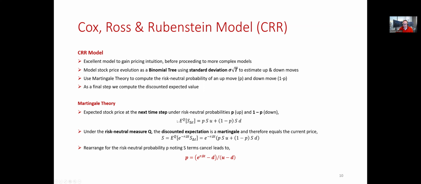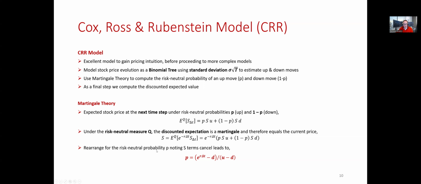So if we apply a discount factor, exponential minus r delta t, to both sides, we know the discounted expected value is the current stock price, S. And so S is equal to everything we see on the right.